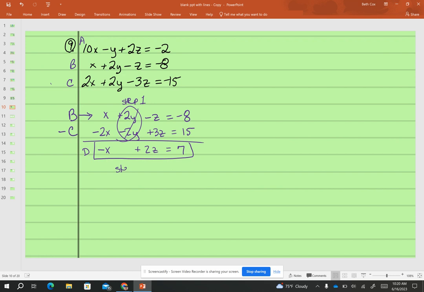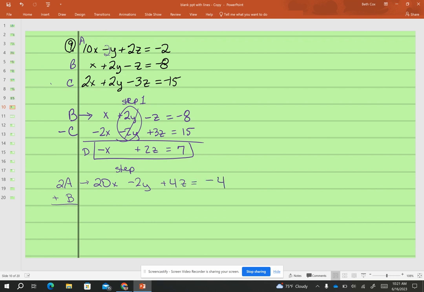Step 2, pick two different equations and eliminate the same variable. So now I'm going to have to use A and B. I don't have to change the signs, but I do have to multiply. So I'm going to do 2 times equation A, because I'm going to magically make a 2 appear right there. So I'm going to do 2 times A, and then I'll add it to B. So 2 times A would give me 20x minus 2y plus 4z equal negative 4.